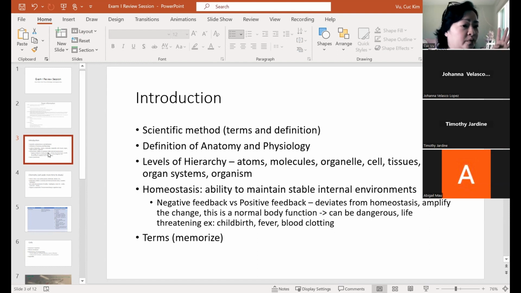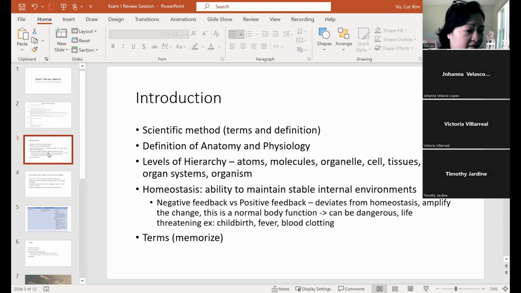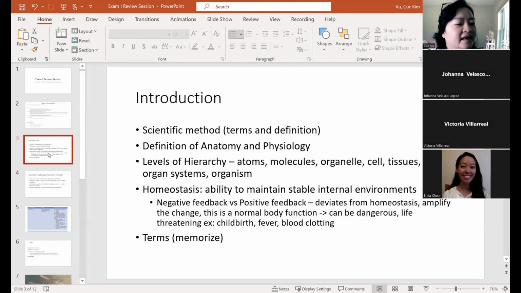It's a deviation from homeostasis. Childbirth? Nope, childbirth is also positive feedback. Is it temperature regulation? Thank you. Temperature regulation. To understand that question, you have to understand homeostasis, how it relates to negative feedback, and how it relates to positive feedback.